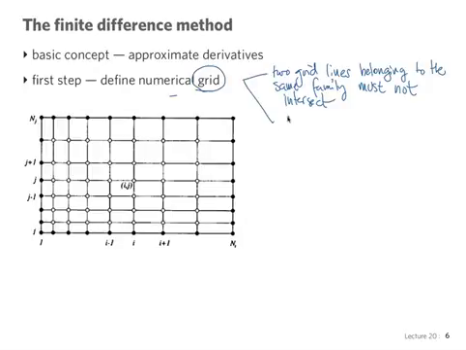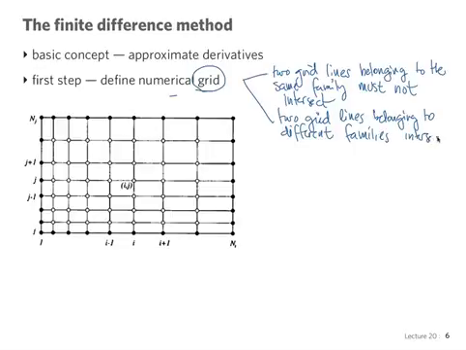And two grid lines belonging to different families need to intersect only once, only in one point. That's what we call structured. This is called a structured grid.